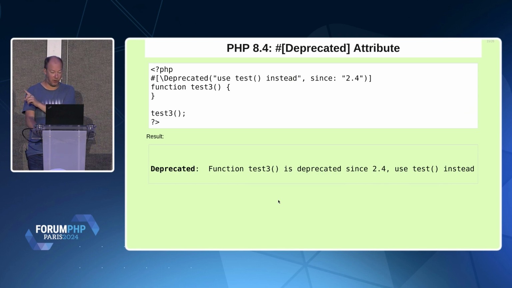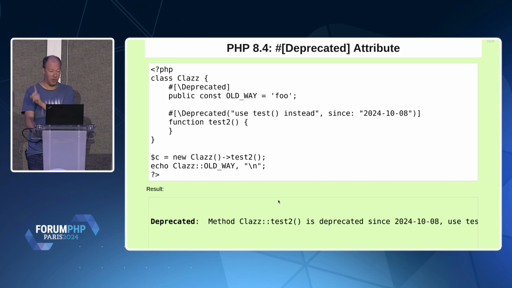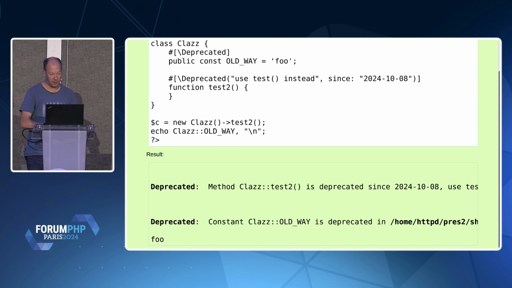So we have this on functions. We also have this on class properties and on methods. So in this case, if you try to call class test2, you get an error, and then the thing fell off the screen, and you get the same thing for constants.